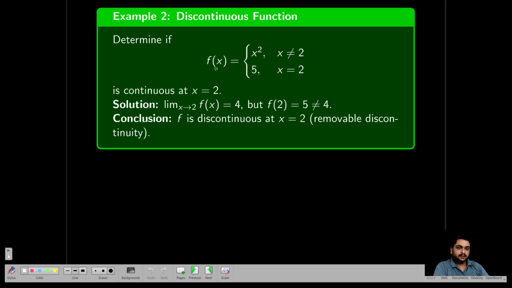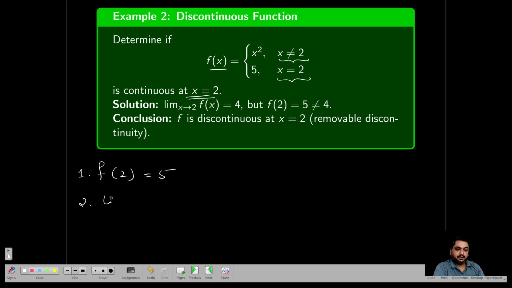Similarly, they are given a piecewise function: f of x equal to x square when x is not equal to 2, and it is equal to 5 when x is equal to 2. You have to check whether it is continuous at x equal to 2. The first condition, f of 2 should exist. f of 2 is equal to 5, already given.